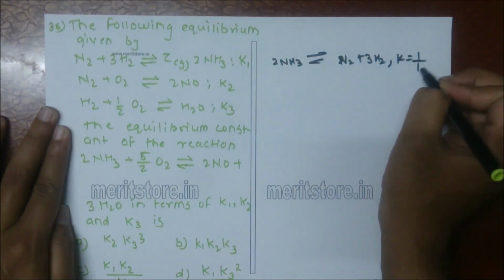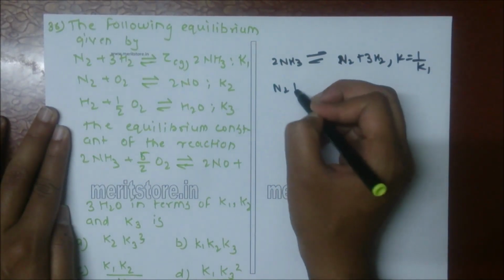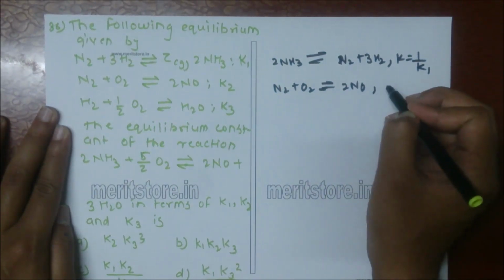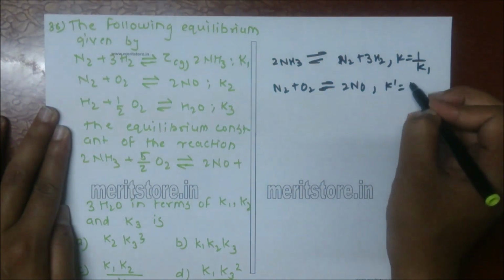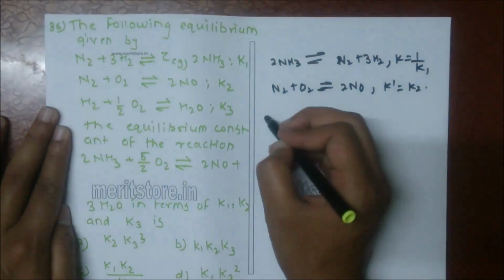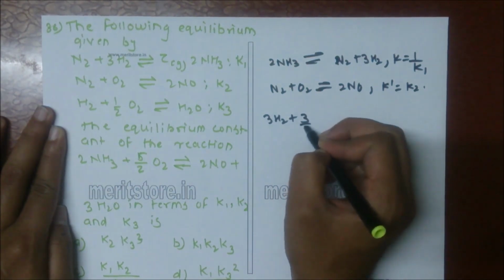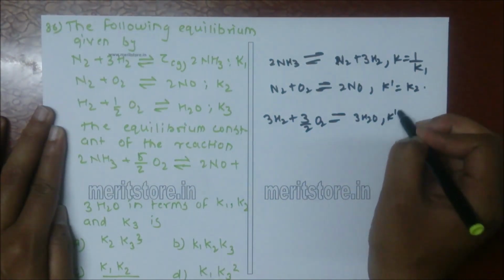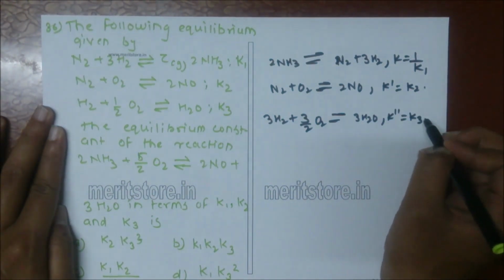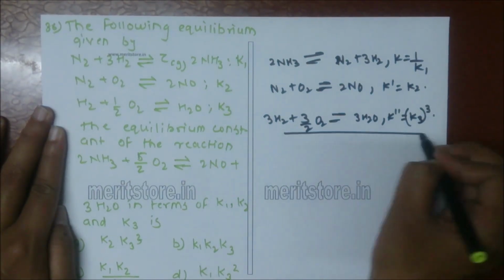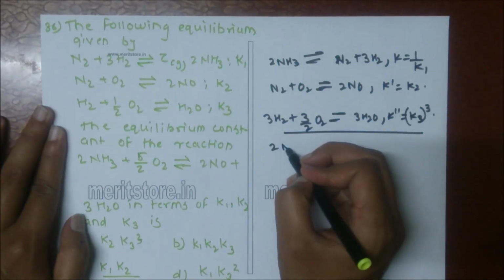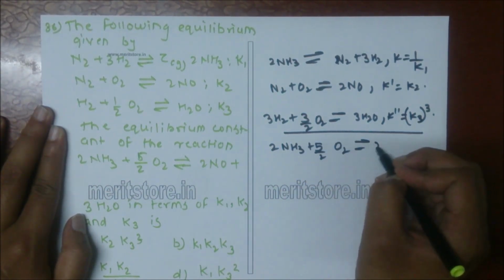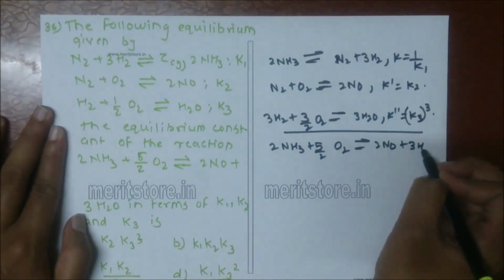K is equal to 1 by K1, and N2 plus O2 giving 2 NO, K dash is equal to K2, and 3H2 plus 3/2 O2 giving 3 water molecules, so K double dash is equal to K3 cubed. Adding all these reactions, we get 2 ammonia plus 5/2 O2 giving 2 NO plus 3H2O.